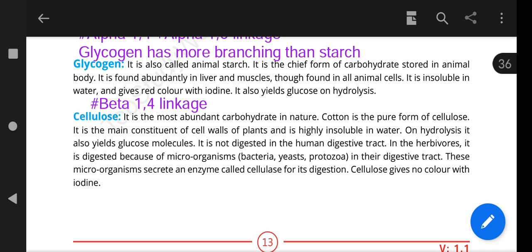And after that we discussed that there are two types of starch, amylose and amylopectin. Amylose is unbranched, and amylopectin is branched. Amylose is soluble in hot water, but amylopectin is insoluble in both. All types of polysaccharides are insoluble, and starch gives blue color with iodine, and glycogen gives red color with iodine. Cellulose does not react with iodine.